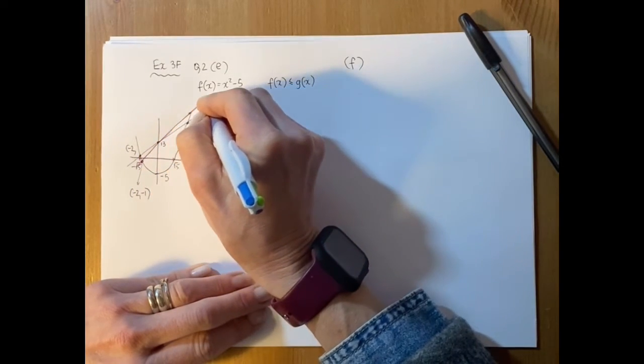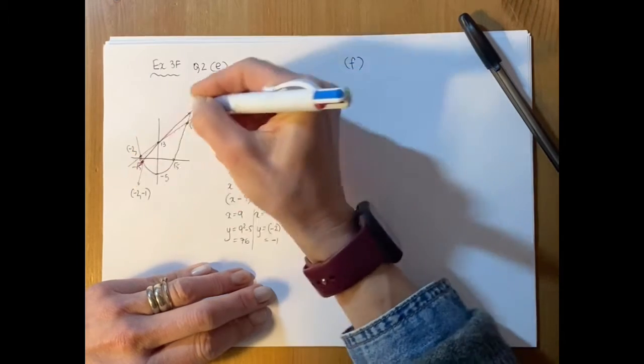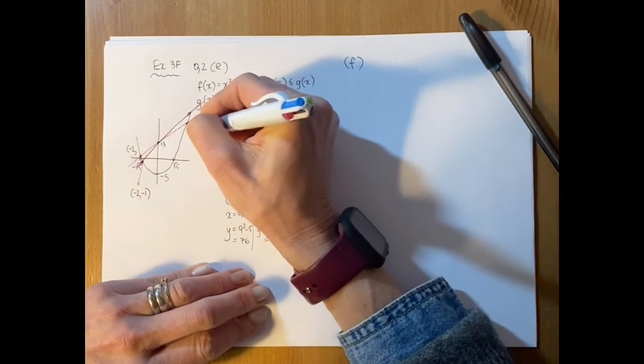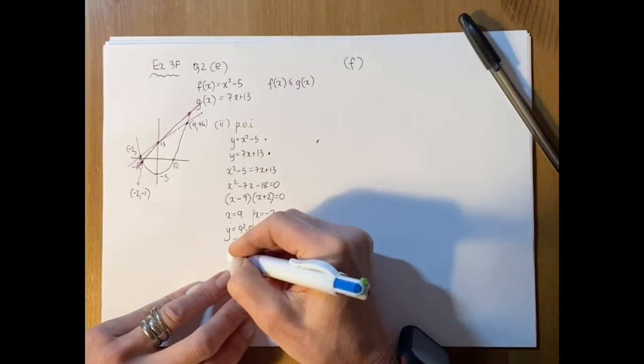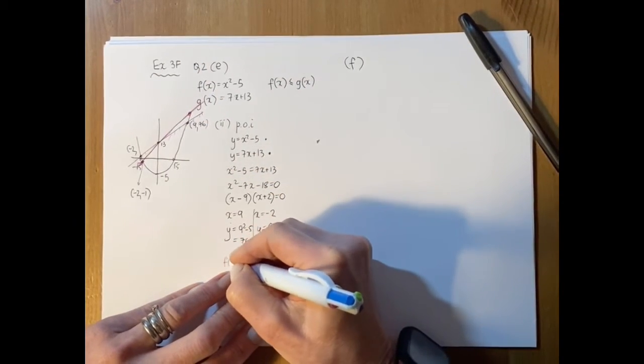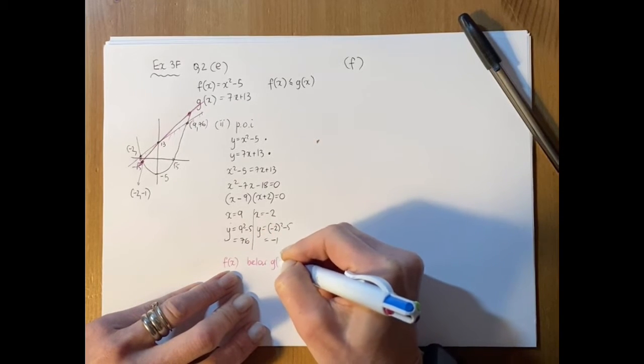That's a better version of that other one. There you go. So there is one point of intersection and there is this 9, 76 point.